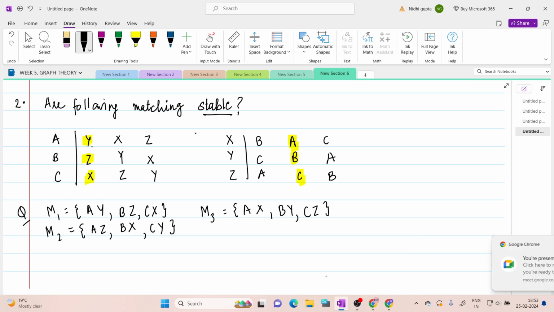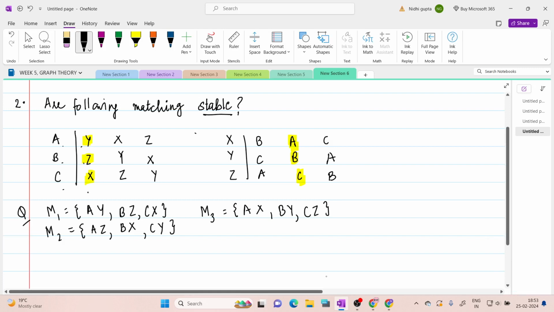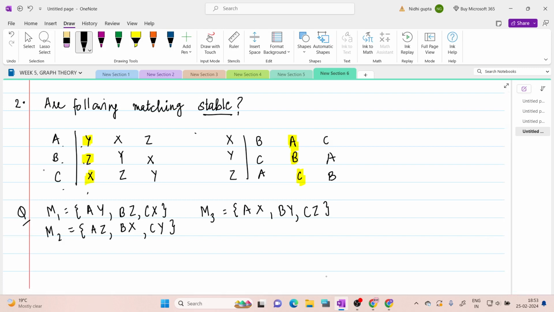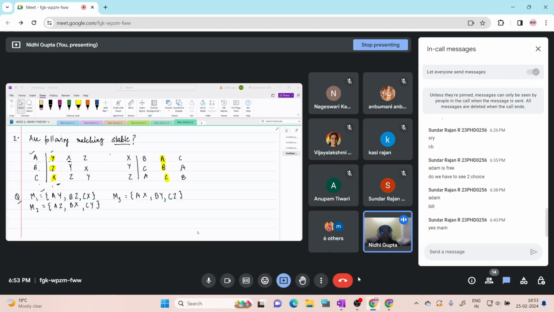So if we consider any pair other than AY, BZ and CX, A, B or C won't be happy. Suppose we choose the pair AX, A won't be better off with this choice, because A is already getting his first preference. Similarly, none of these pairs can be a blocking pair. Therefore, it is a stable matching, because they are already getting their first preferences. If we took any other pair, they won't be getting better preferences. So we see that M1 is a stable matching.